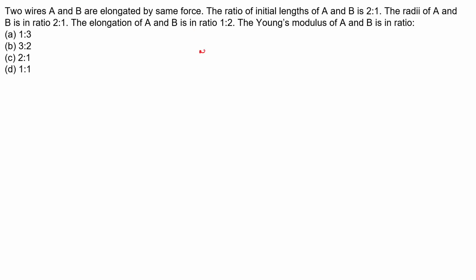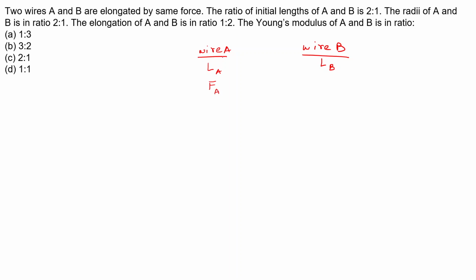So I have wire A and wire B. The ratio of initial length of A and B is 2:1. So say the length of wire A I call LA, for this I'll call it LB, and it's given two wires are elongated by the same force.